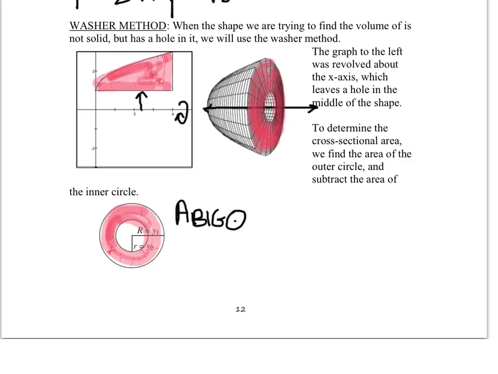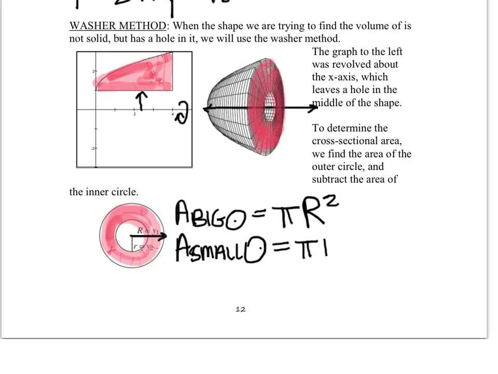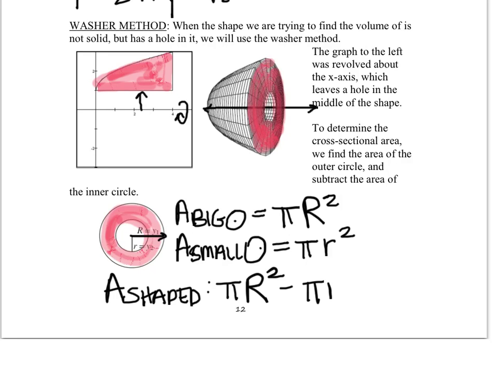Okay, the area of the big circle is going to be pi times its radius squared, right? And the radius of the big circle is capital R. And then if you've got the area of a smaller circle, that would be pi times little r squared. So the area of the shaded region, which isn't even a circle at all, is just going to be pi capital R squared minus pi little r squared.